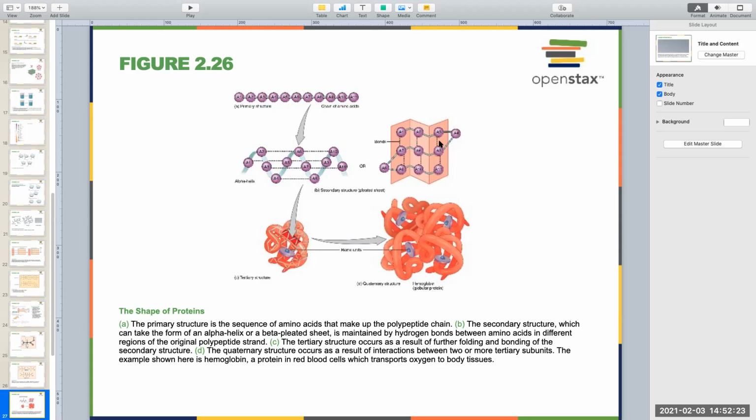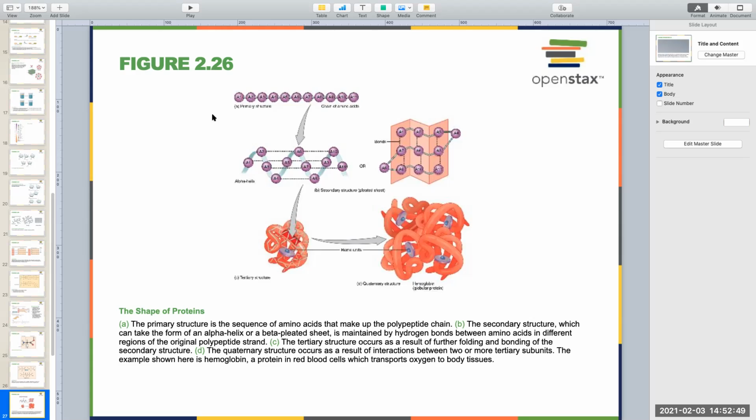So it's still two-dimensional like a piece of paper, but it has these folds in it. They call those beta pleated sheets as the secondary structure. It can also have an alpha helix, which is where they're in a slightly spiral orientation.